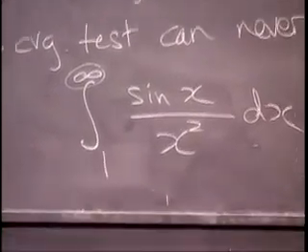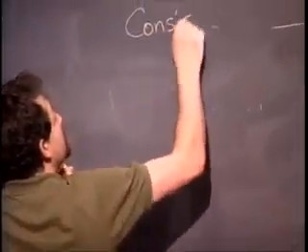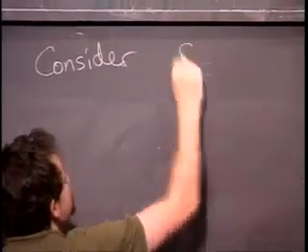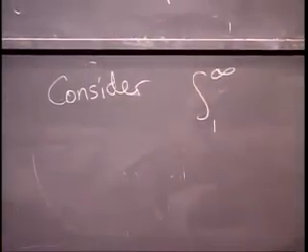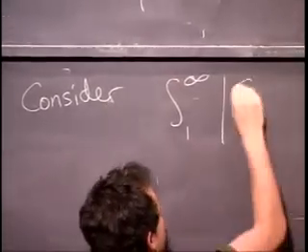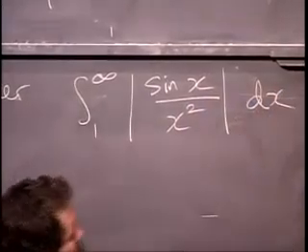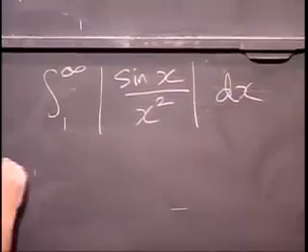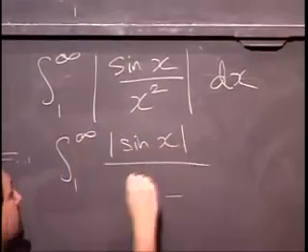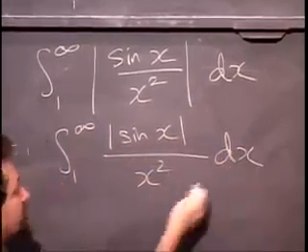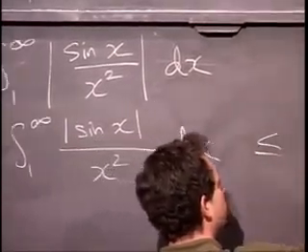Now, let's see what happens. In order to deal with this, I would say consider, and I notice that there are positives and negatives. I take the absolute value, sine x over x squared. Now in this case, the denominator is always positive, and I've reduced it to the integral we had before, which, to remind you, we dealt with using the comparison test very straightforwardly.